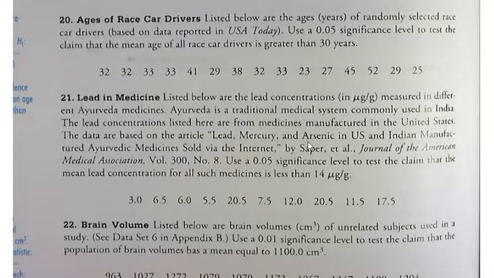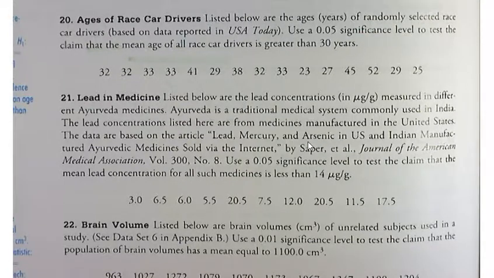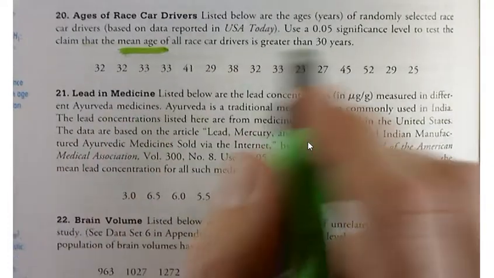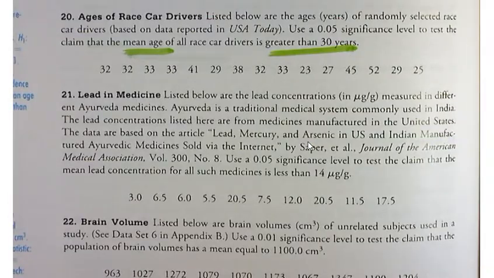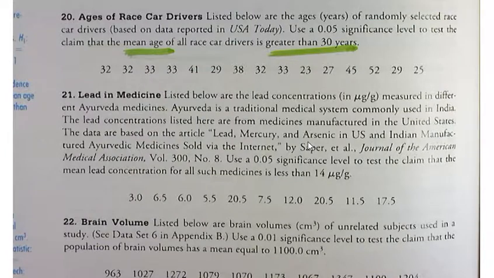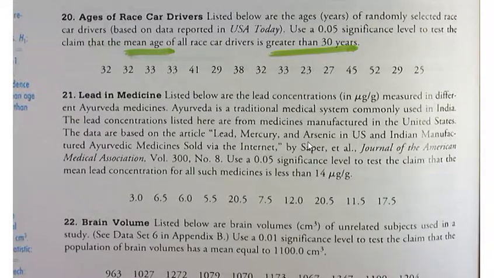Maybe let's set up the null and alternative hypothesis and then go enter some data into StatDisk. So we want to use the 5% significance level to test a claim that the mean age of all race car drivers is greater than 30 years. So try and set up your H0 and HA.